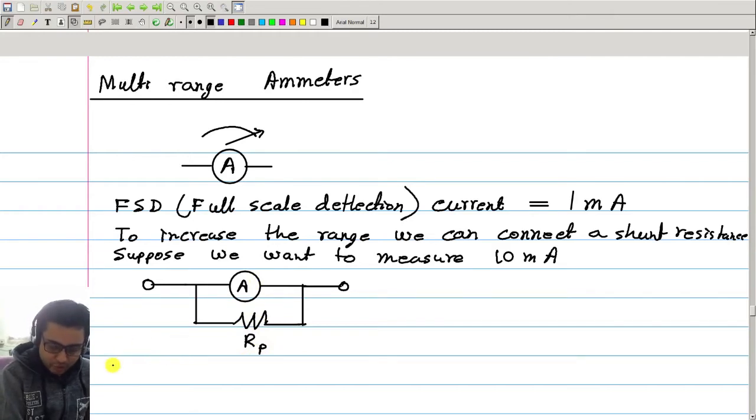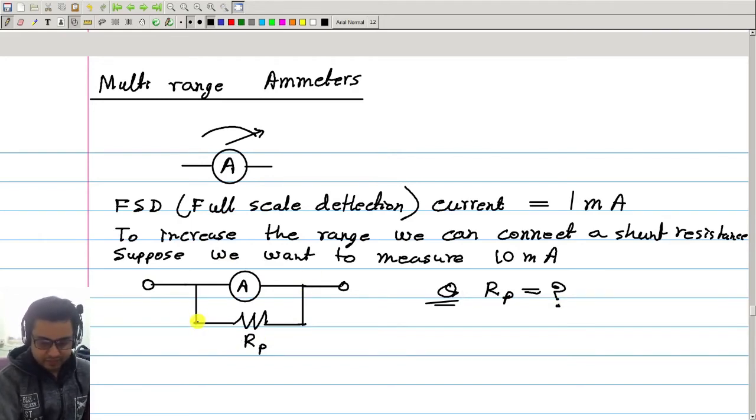Now the question is, what should be the value of the parallel resistance such that this arrangement can measure 10 milliampere current? For that, we also need to know the resistance of this meter. Suppose that is Rm, M for meter.